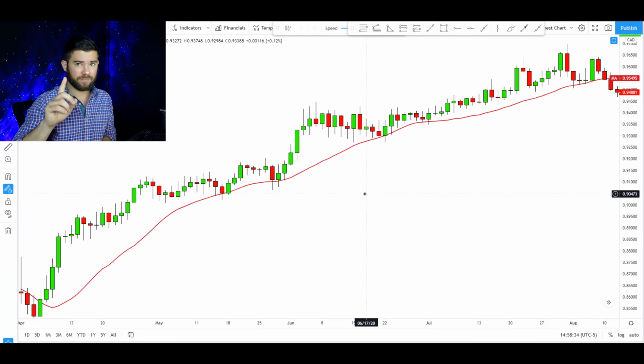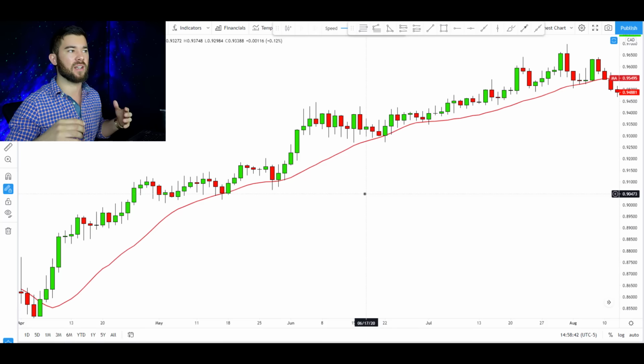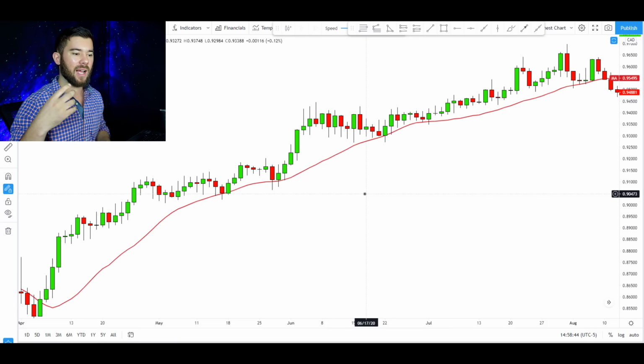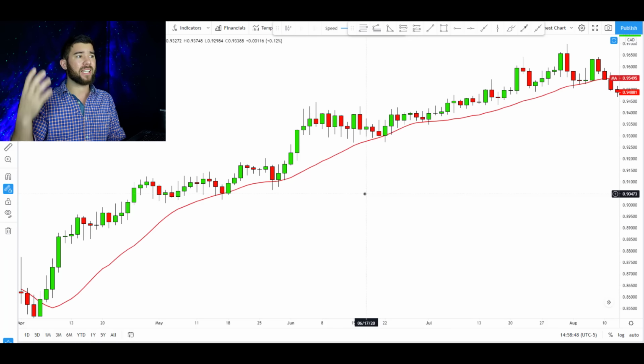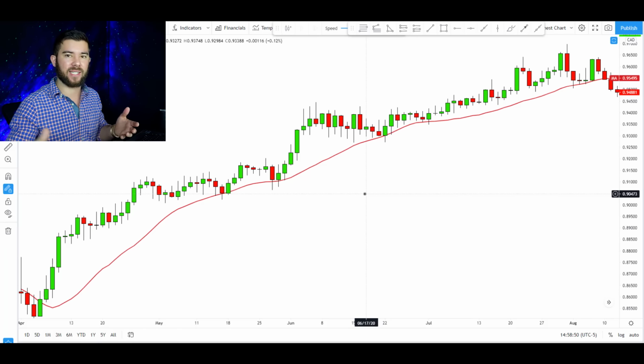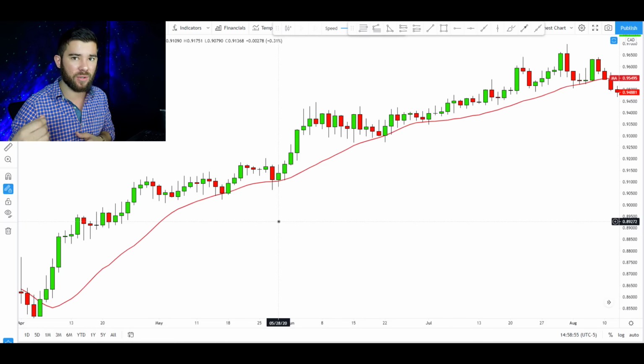The first way that I like to use moving averages is to help me define trend. So earlier in the video, we talked about candlestick charts and defining trend with swing highs and lows. As I said about indicators earlier, though, indicators are there to help you clarify what price is actually doing. So a moving average is a great objective way to define trend.